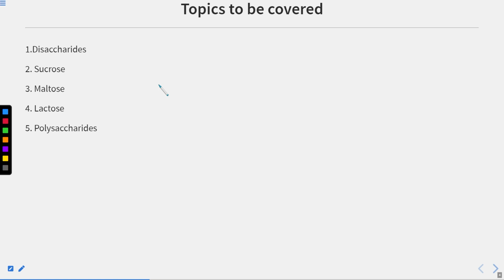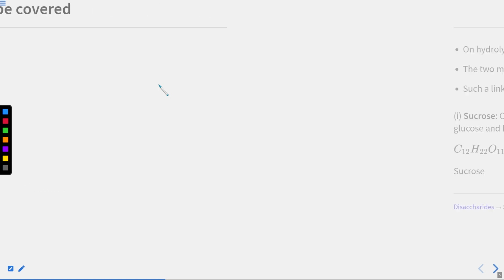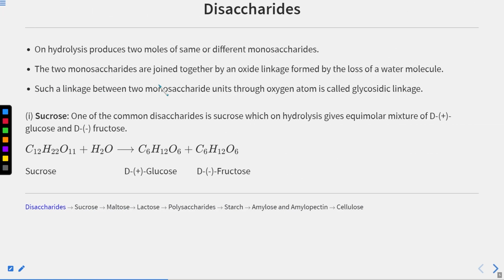The number of monosaccharide units depends upon the structure of the plants or animals in which it is present. In polysaccharides we will see the example of starch, and in starch we have amylose and amylopectin. Then we'll have cellulose. So let us start with the first topic, that is disaccharide.